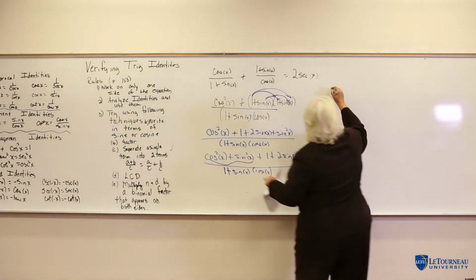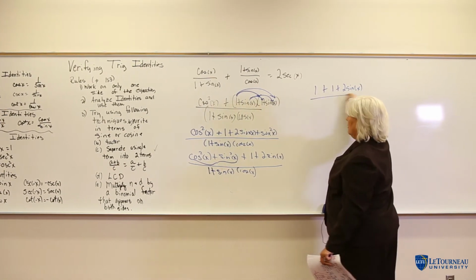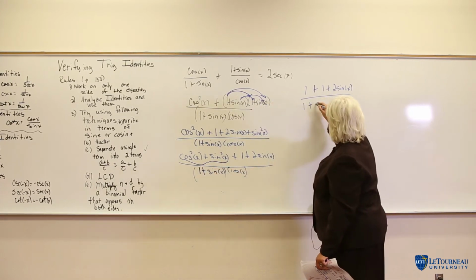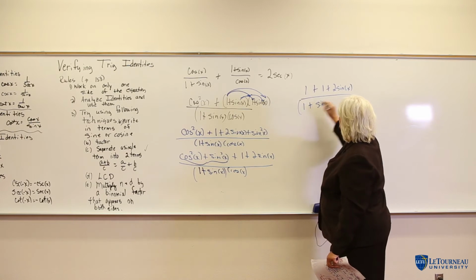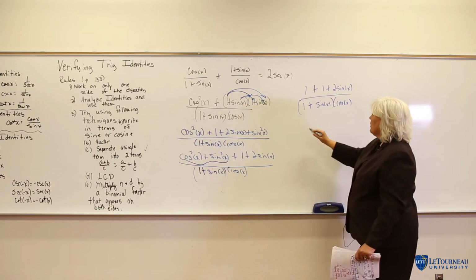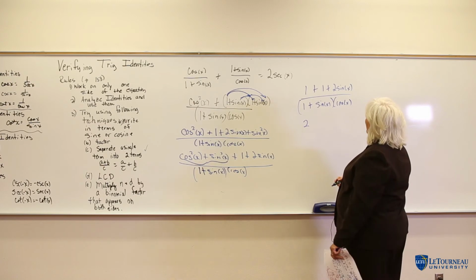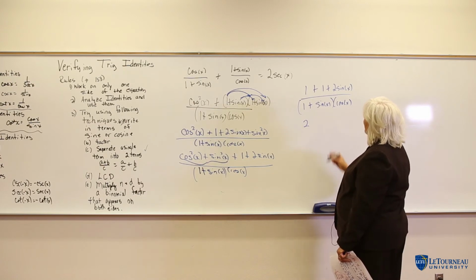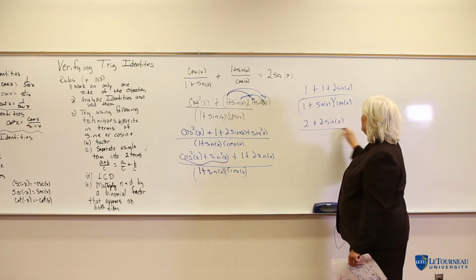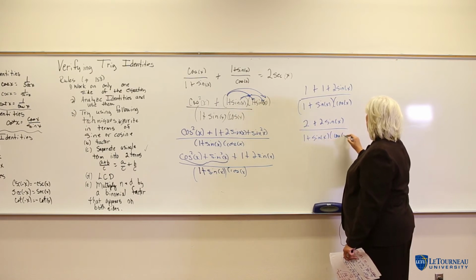So this becomes 1 plus 2 sine x all over 1 plus sine x times cosine x. Now I can just add 1 plus 1 is 2, plus 2 sine x all over 1 plus sine x cosine x.